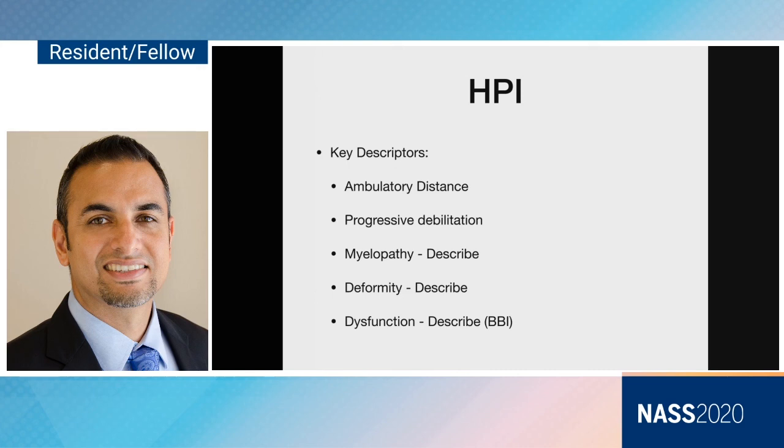If they have deformity, again, describe the deformity in the patient's own words or sort of an assessment of what they feel and how it impacts their activities of daily living. If they have dysfunction as a result of the deformity, or it doesn't have to be deformity, if it's pain or a radiculopathy, talk about how they're experiencing dysfunction. And always, as we know, remember to cover bowel and bladder incontinence where appropriate.